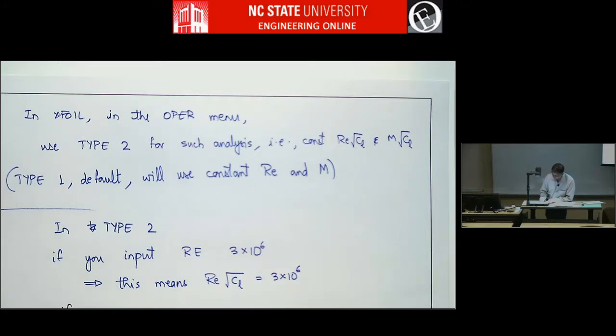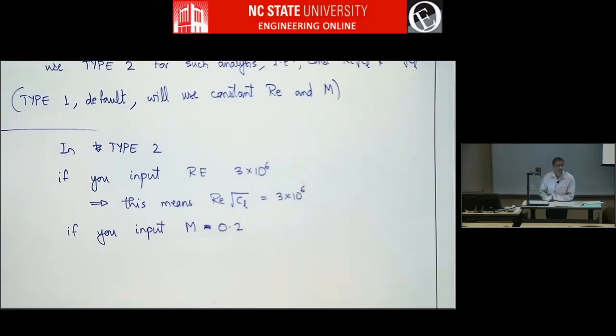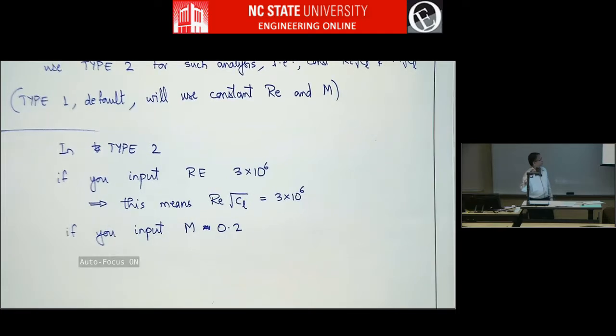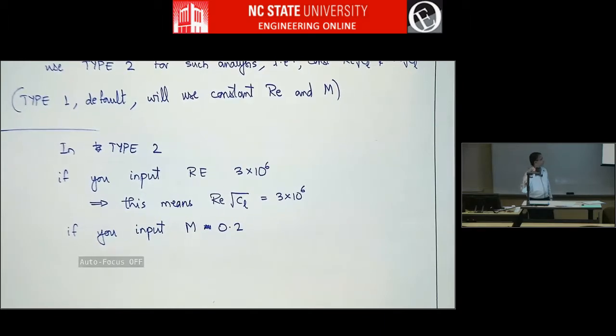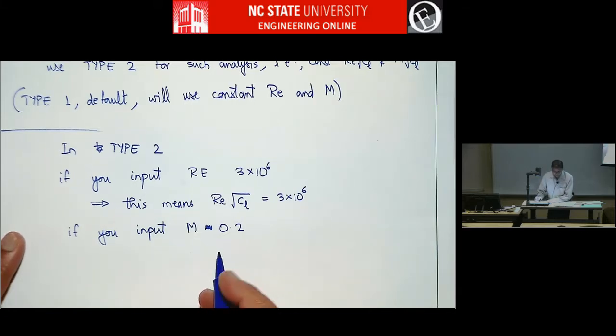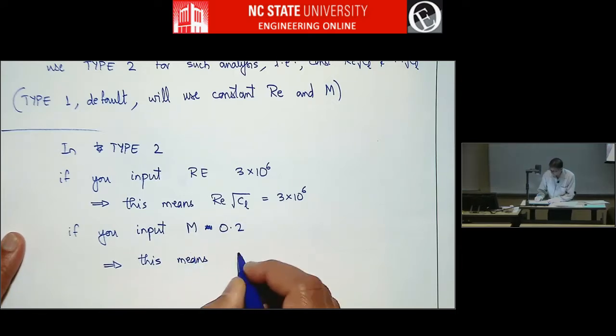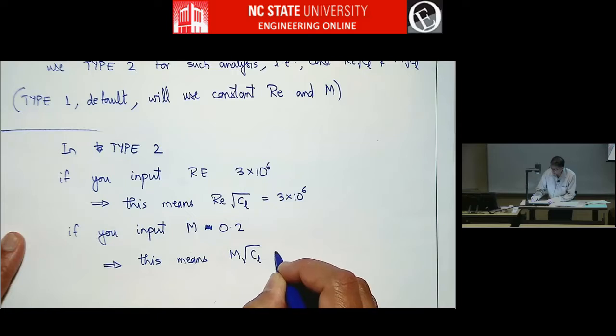And if you input M equals 0.2, or M.2, in the command line in the list of keywords, that means M times square root of CL is 0.2.